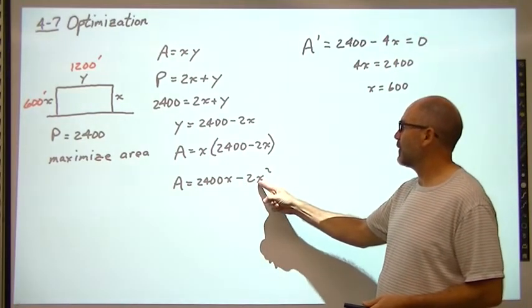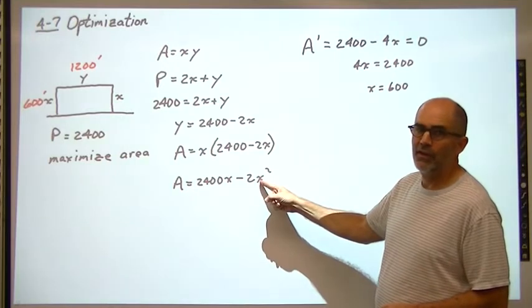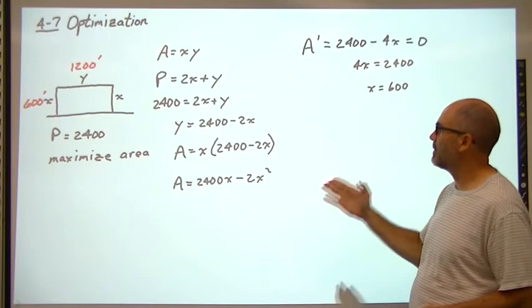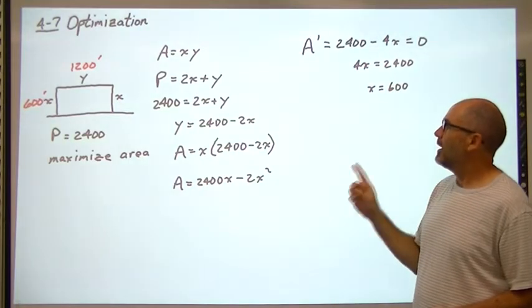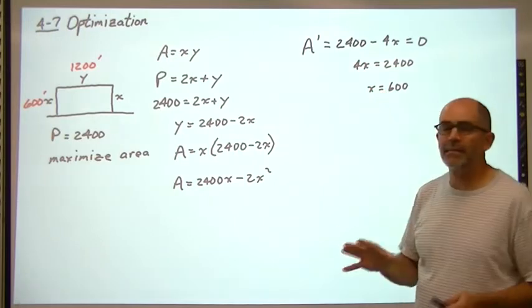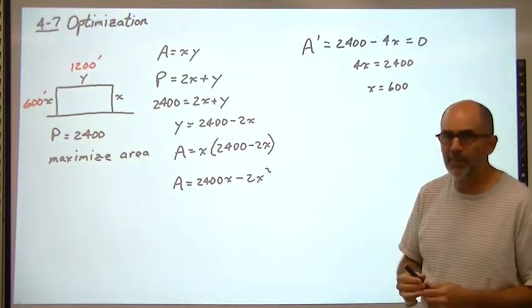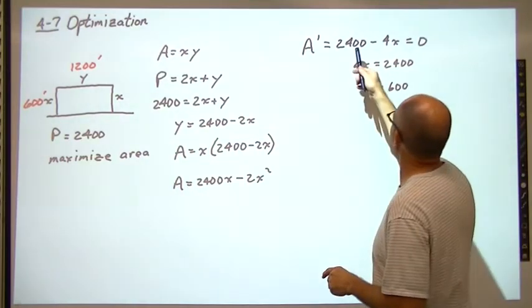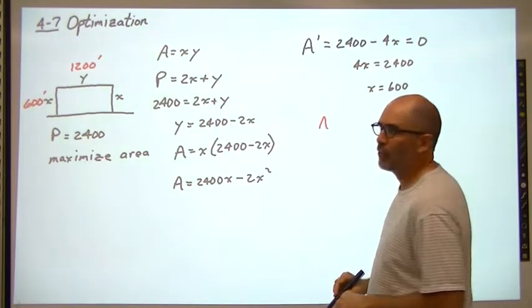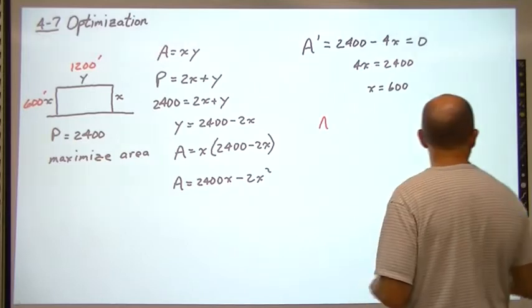That's a parabola that opens downward. So there's no way it's a minimum or a point of inflection. We know for a fact it's got to be a maximum. Now, the other way to prove that this is a maximum and not a minimum is to take the second derivative. So I go, oh no, it's in red. How embarrassing.